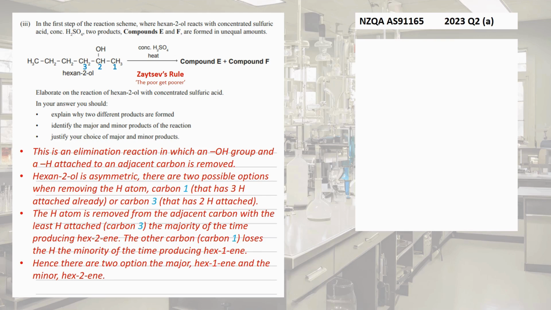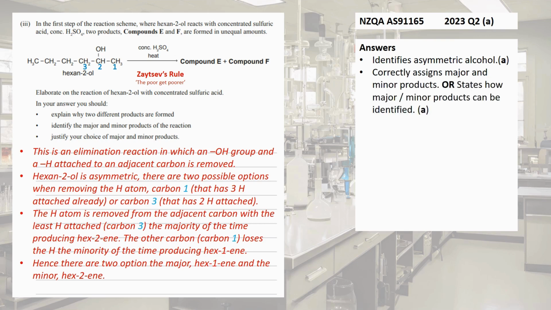So if we go to mark this, the first thing is, can we identify that this molecule is asymmetric? Yes, we did. And we used the word asymmetric. Did we assign correctly which one was going to be major and minor? Yes. The next thing we do is, did we explain why two products are formed?